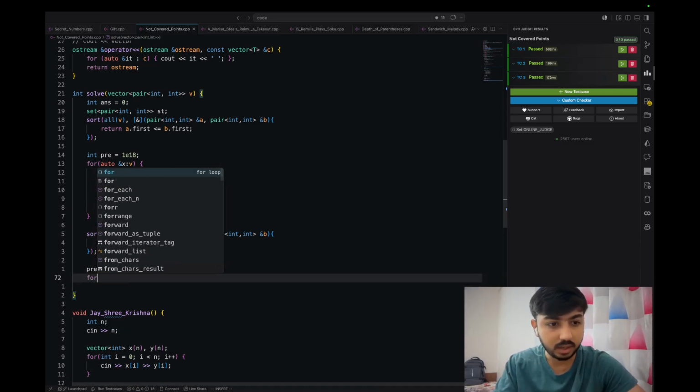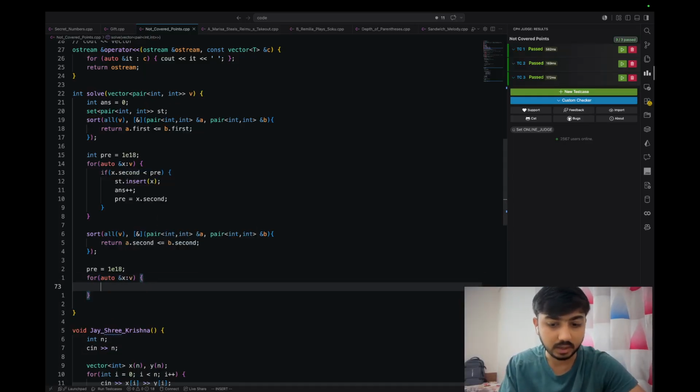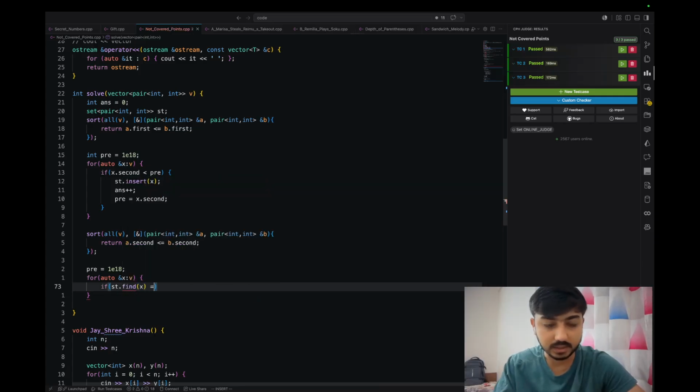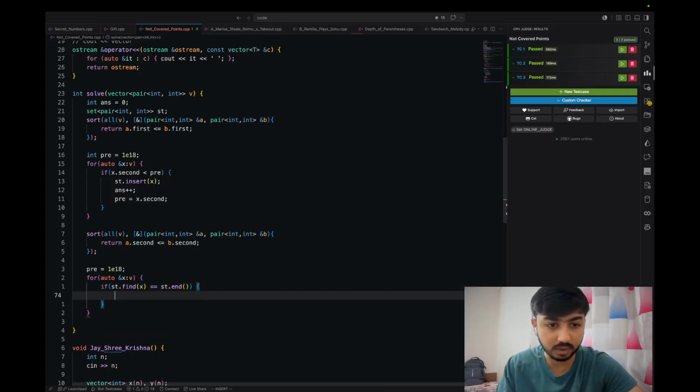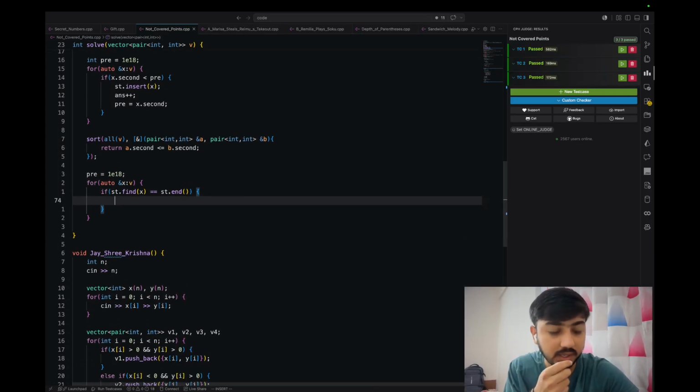and I will iterate again through v. Okay. Then I have to first check if st dot find x is equal to st dot end, that means it ensures we have a new point, not a repeated point we are considering here.